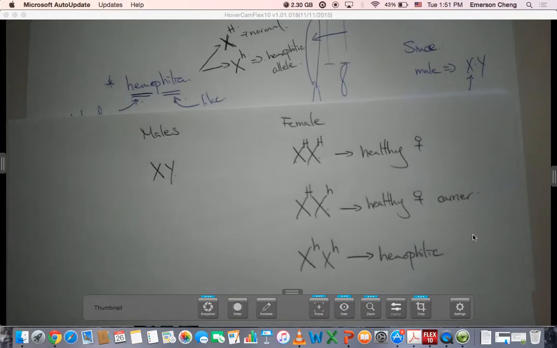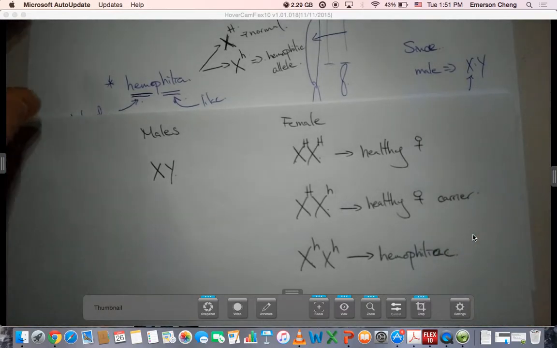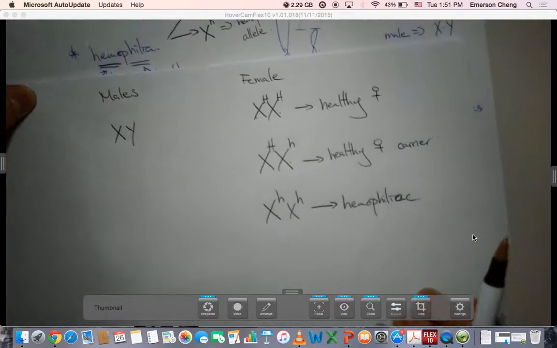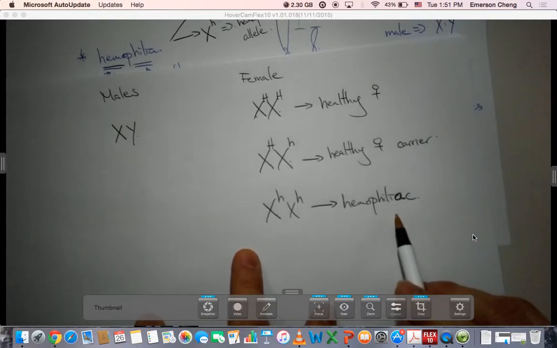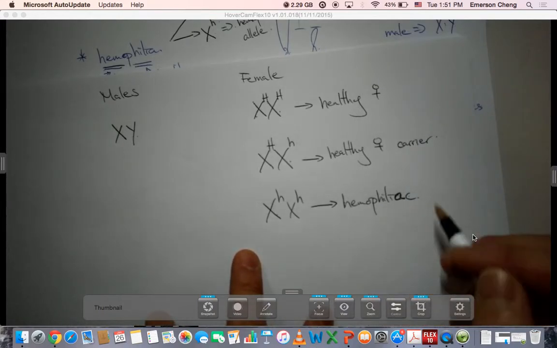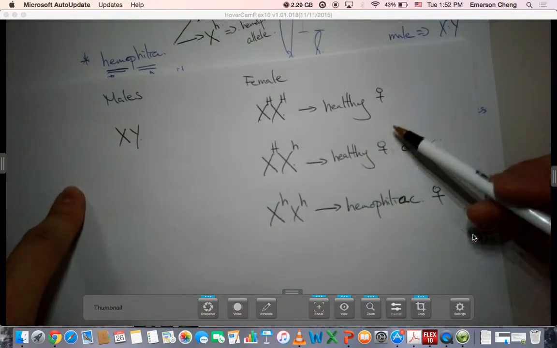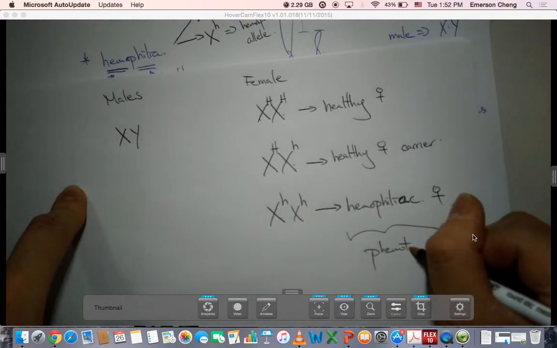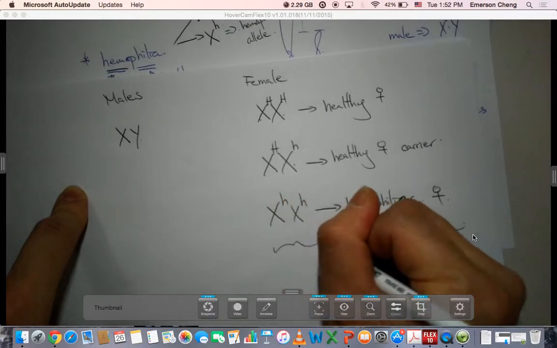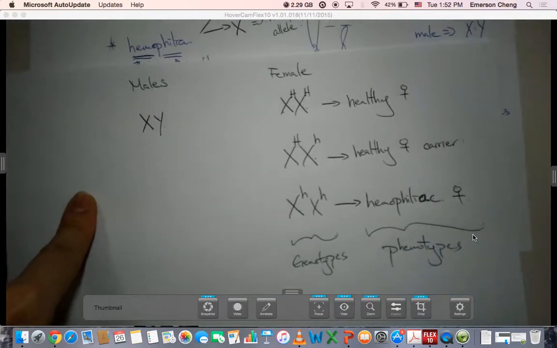Yes, thank you. So, look up. Hemophiliac female. Those are the possible phenotypes and genotypes for females for hemophilia.